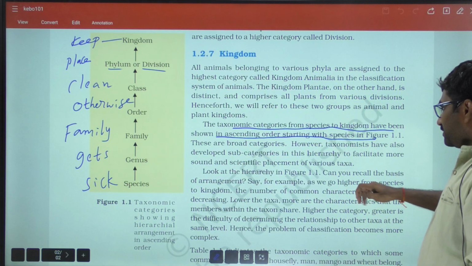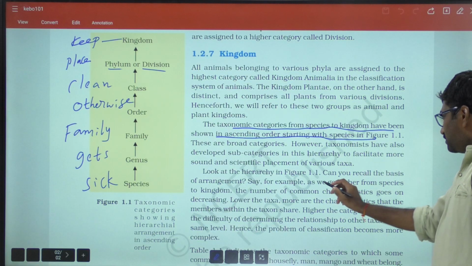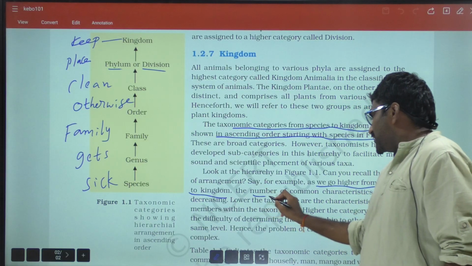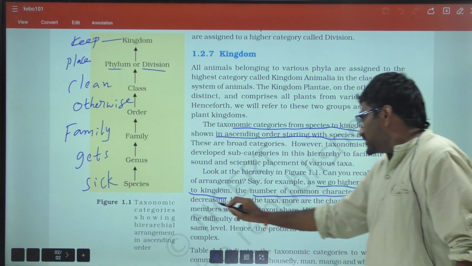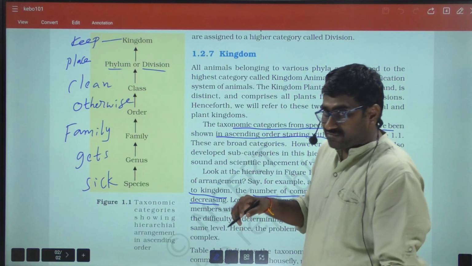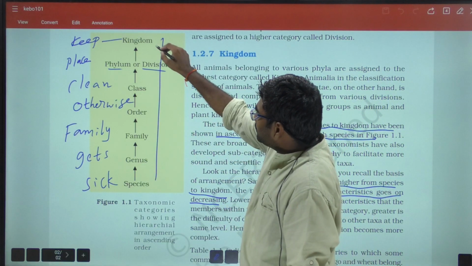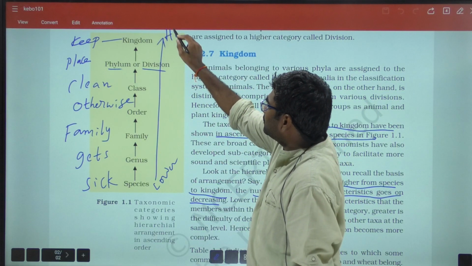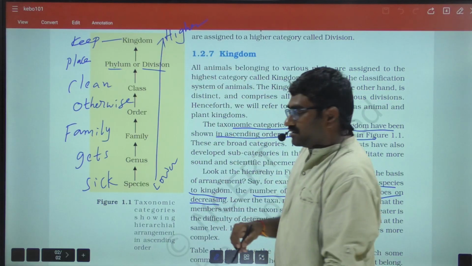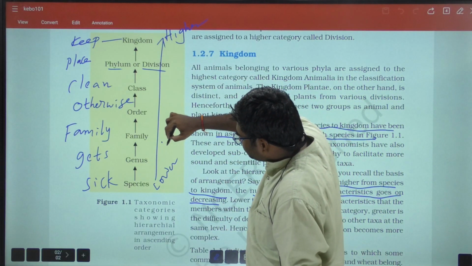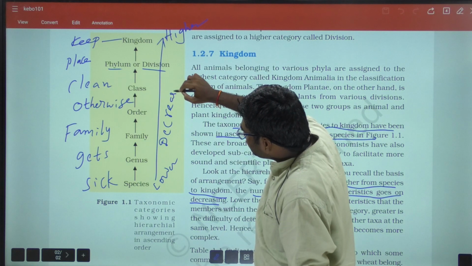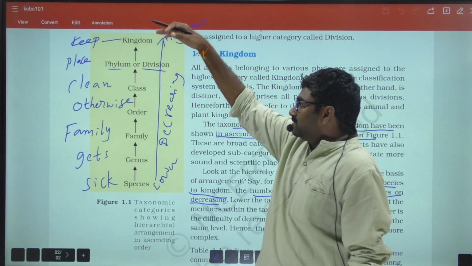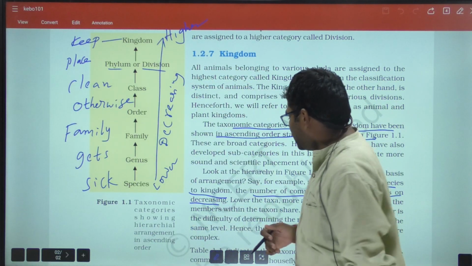As we go higher from species to kingdom, that is from lower rank to higher rank, the number of common characters goes on decreasing. Contrary to this, from higher to lower, the common characters go on increasing.